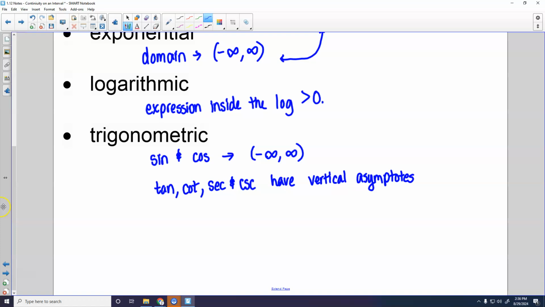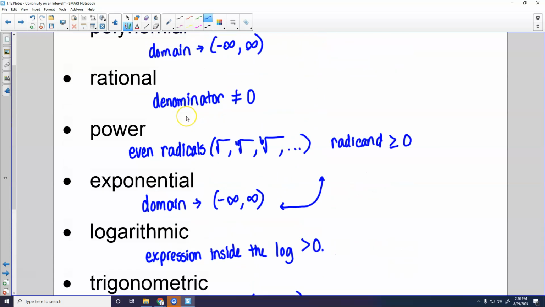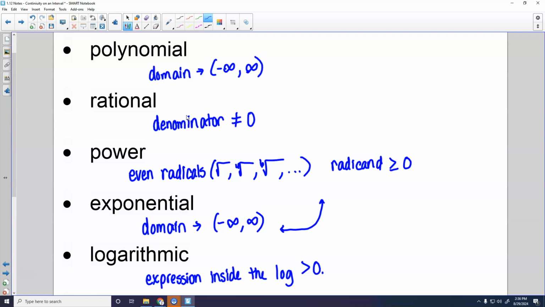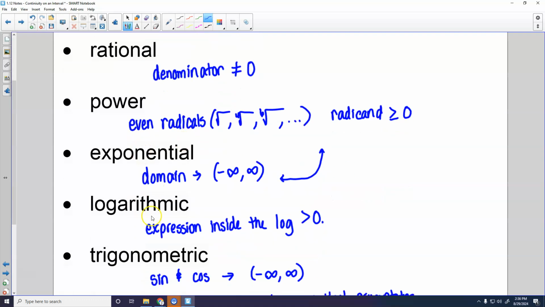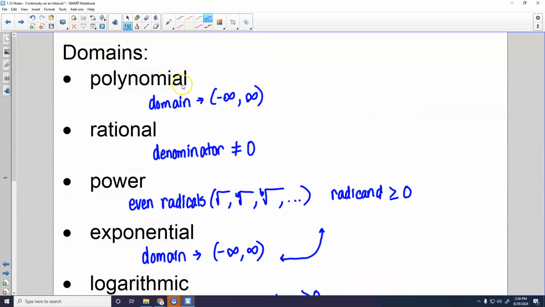Okay, questions? So a lot of these, we've kind of built up, you should have learned all of these along the way. We didn't really do power functions much, but I think we pretty much went over all of these in pre-cal. We definitely looked at logs and exponentials. We did trig. We did polynomials because we had to do that factoring and stuff.